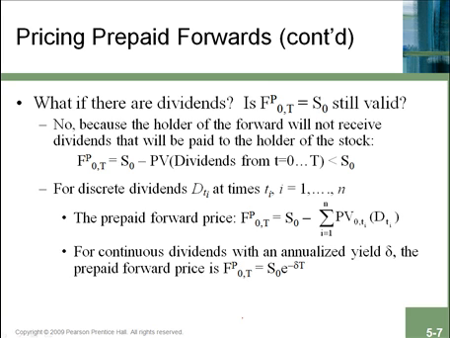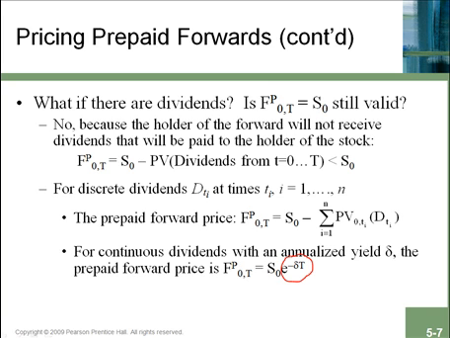You can take the current stock price S0 and simply multiply it by this factor e to the minus delta t, where delta is the annualized dividend yield expressed as a decimal, and t is the amount of time until that contract expires.